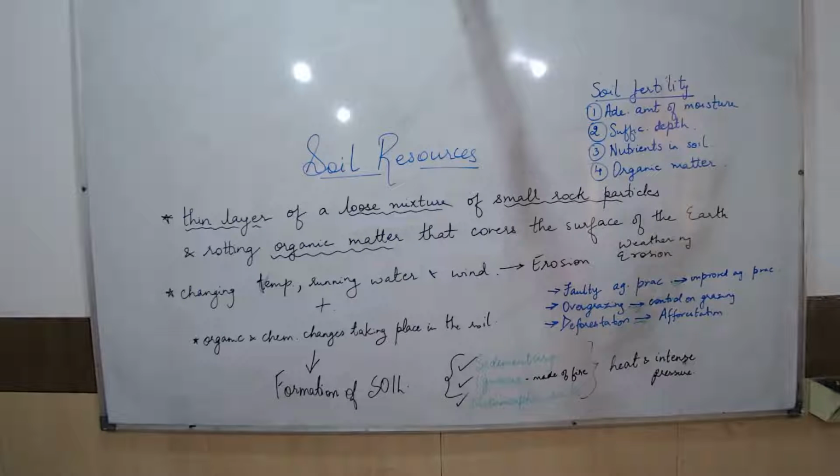Then soil classification. According to its location, soil can be classified as residual or sedimentary soil. Almost all soils are formed in situ, that is, in the original position, by the breaking up of the parent rock.